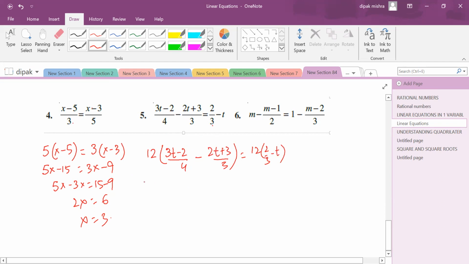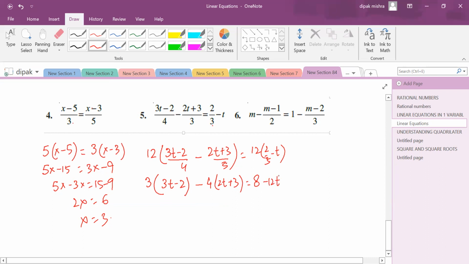Okay, so if you solve this one, it comes out to be 4 3s are 12. So 3 times (3t minus 2), and minus 3 times 4 is 4 times (2t plus 3). That is equal to 3 times 4, 8 minus 12t.